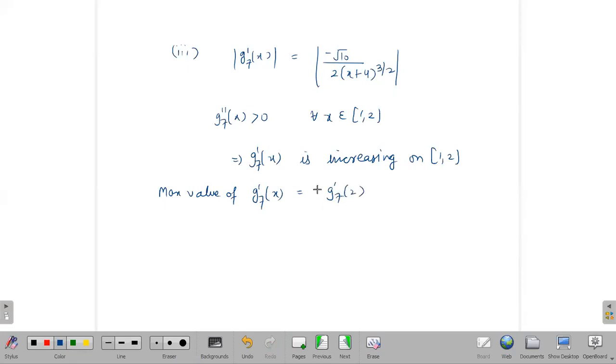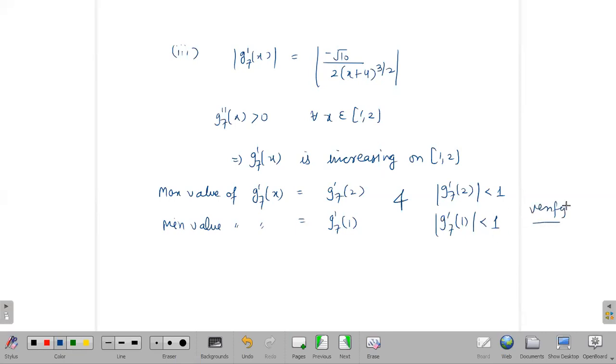So you have to find this should be strictly less than 1, and the minimum value, that is g dash at 1. So let us check g dash at 2. It should be strictly less than 1, and g dash at 1 should also be strictly less than 1. You verify this.